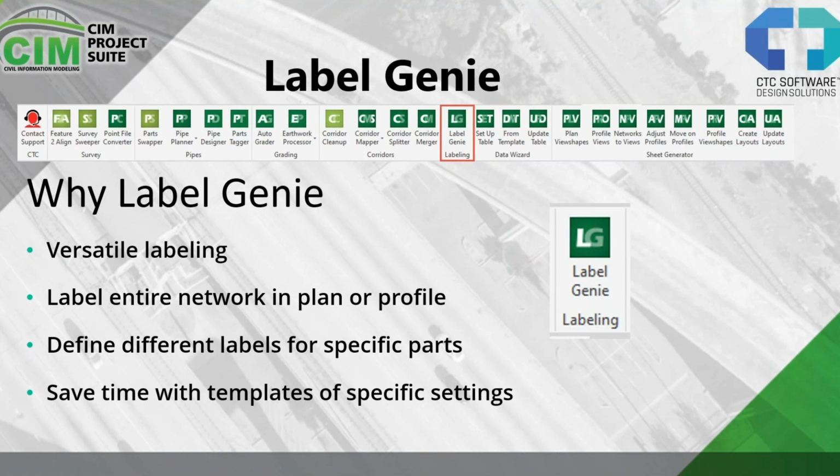So we can define different labels for specific parts, which in Civil 3D natively, you have to pick one and go with it and delete, and it kind of makes it tedious and not as convenient or efficient as Label Genie does it. So we'll save time using the specific settings within Label Genie to label multiple things at one time.